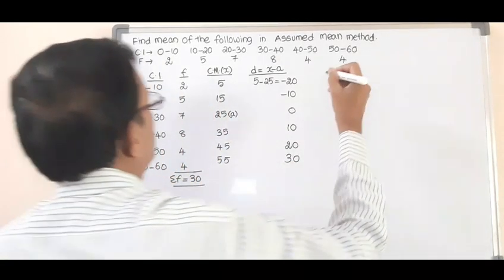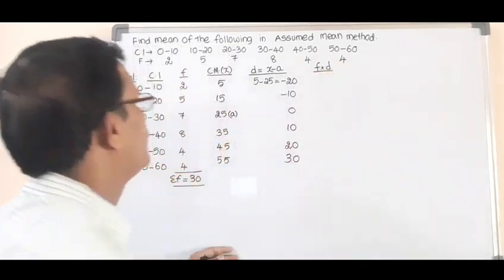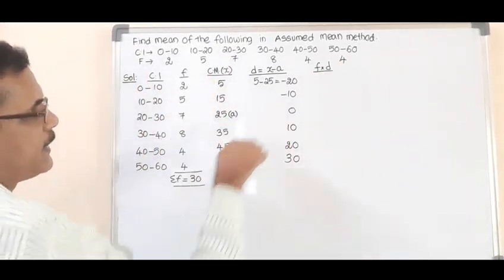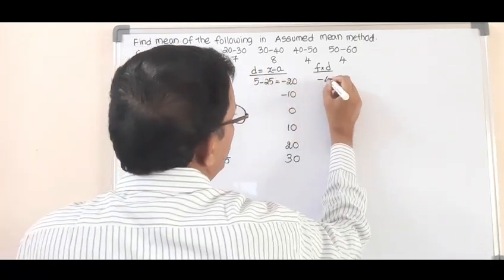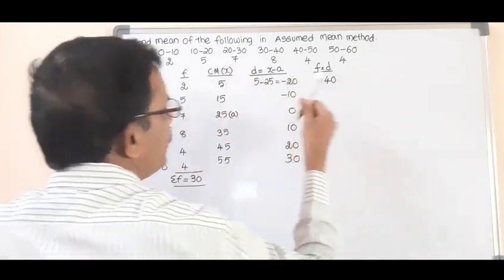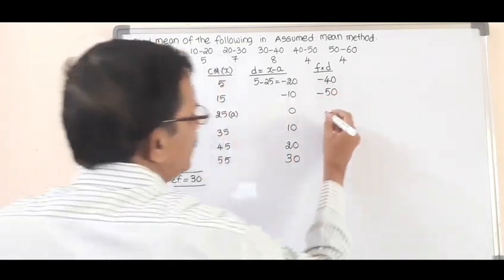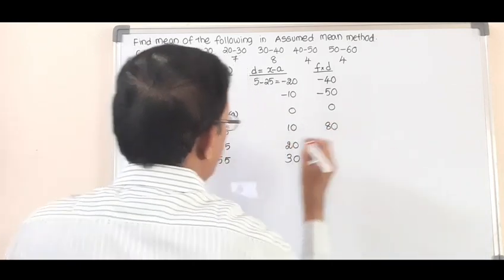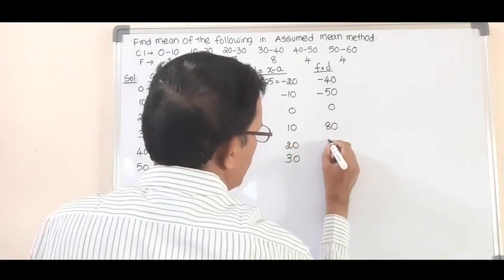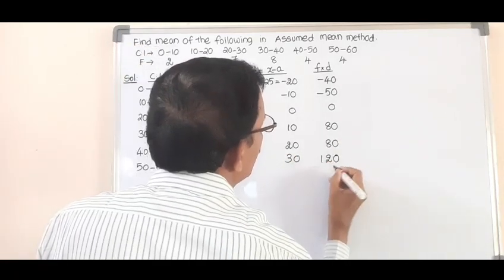Now next column is f into D. These are all frequencies. These are D values. So 2 into minus 20, minus 40. 5 into minus 10, minus 50. 7 into 0, 0. 8 into 10, 80. 4 into 20, 80. 4 into 30, 120.